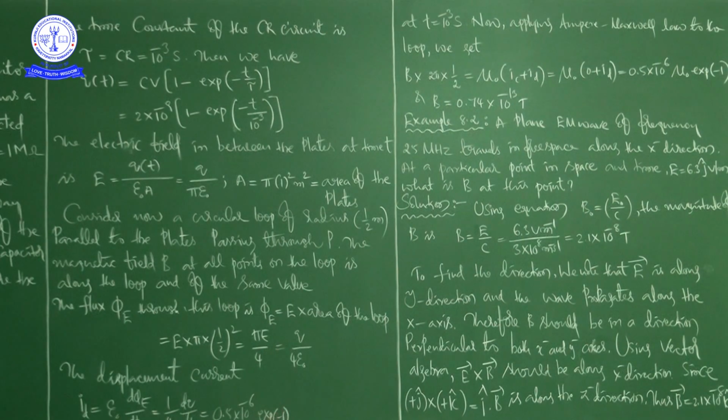By using that value we got the displacement current as 0.5 into 10 to the power of minus 6, and mu naught exponential of minus 1, or capital B is equal to 0.74 into 10 to the power of minus 13 Tesla.